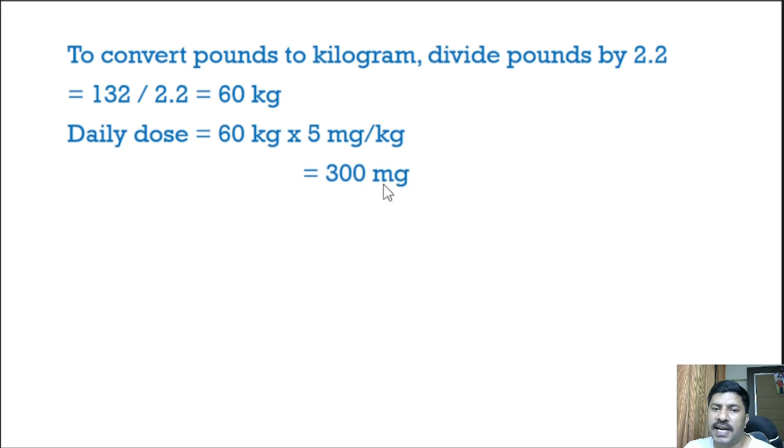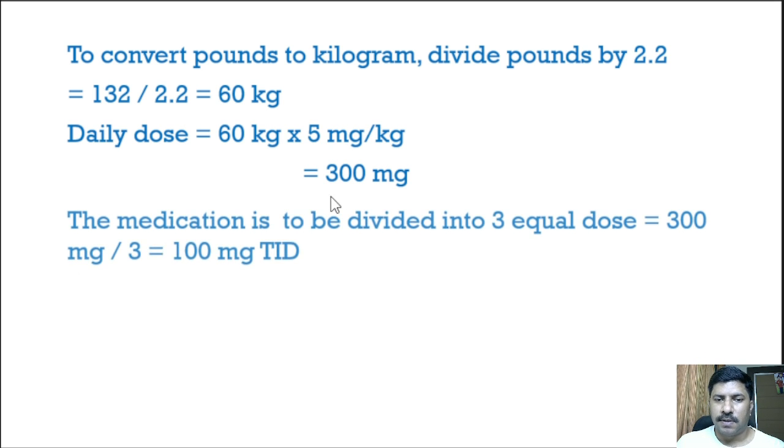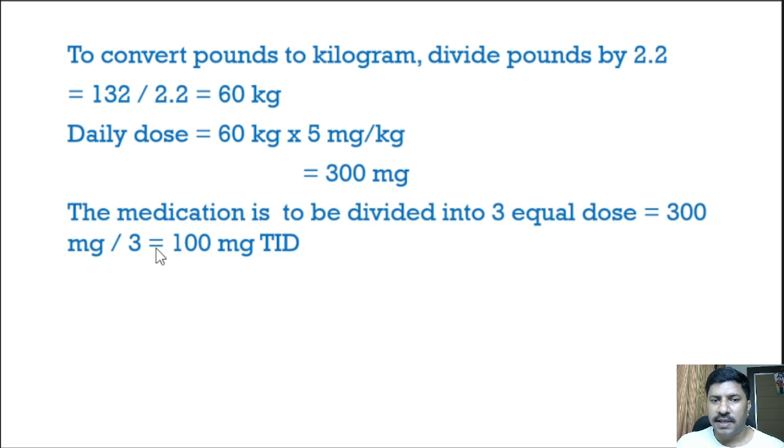So the total daily dose is 300 milligram. But in the question, we need to administer 3 equal doses per day, that is TID. To find the single dose, we divide the daily dose by the frequency, that is 3 doses. So 300 divided by 3 is equal to 100 mg TID.